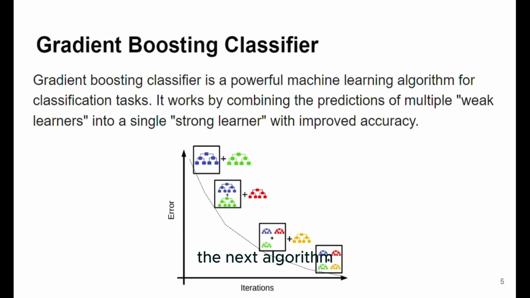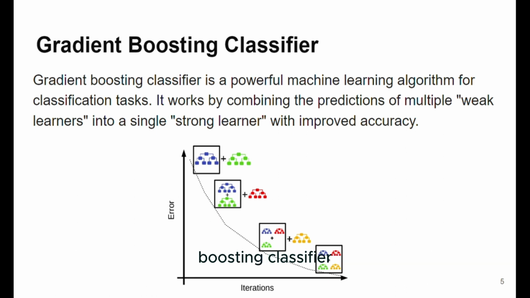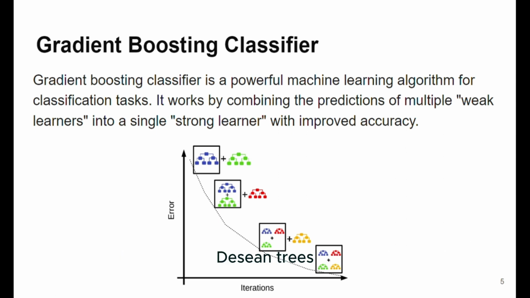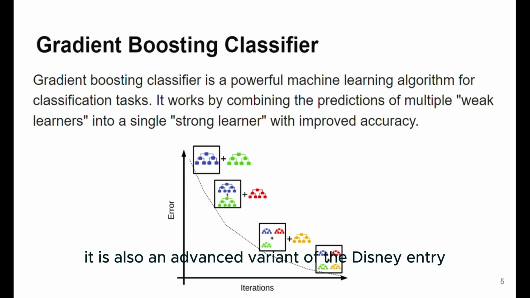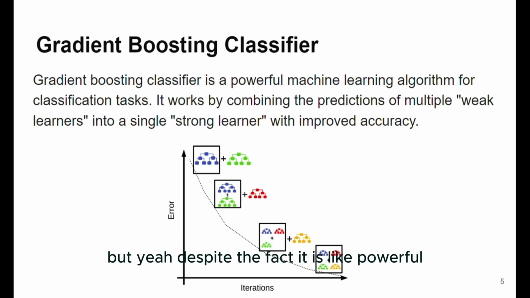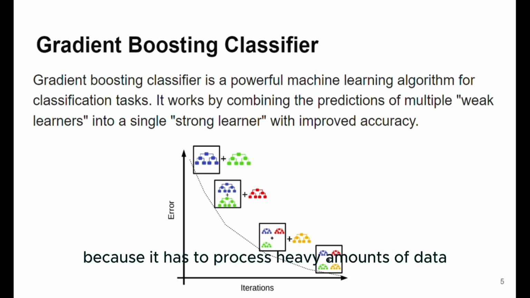The next algorithm that is mostly used in machine learning is the gradient boosting classifier. It is also based upon decision trees. It is an advanced version of the decision tree, but it is different from the random forest classifier. Despite being powerful, it is also slow because it has to process heavy amounts of data.